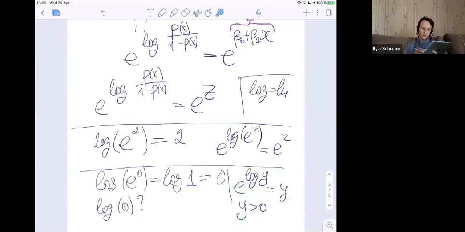This is in a sense the definition of what logarithm is: logarithm by definition is an inverse function to exponential. So if we apply logarithm and then exponential, they just cancel each other, and we recover this value. The only possible problem is logarithm of 0 and logarithm of negative values, but we don't consider them.